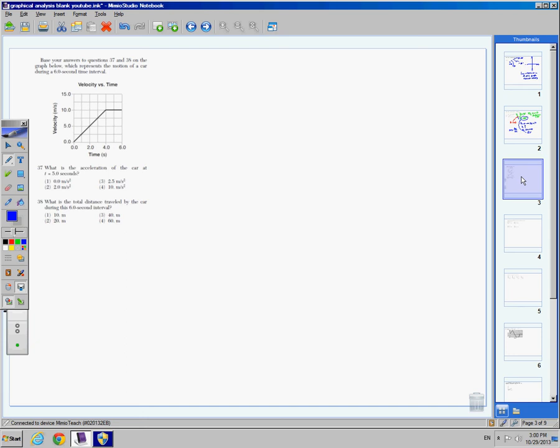I find my 5 seconds here, mark. Come down, I know that is 5 seconds, and that is a flat line. Well, I know on a velocity versus time graph that a flat line means v is a constant. It happens to be, if I draw a dotted line across, 10 meters per second.